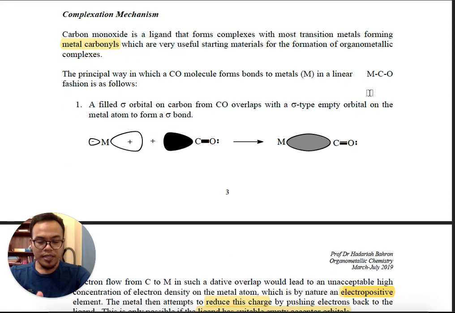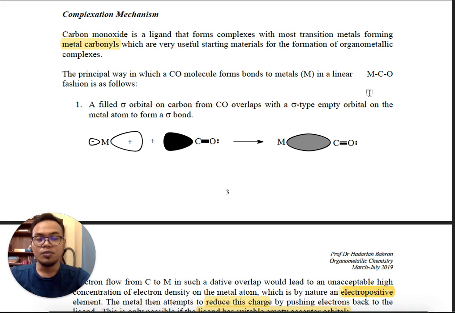Now we are going to learn how metal complexes are formed, specifically for carbonyl complexes. As I said, for a metal complex to be formed, you must have an organic compound which is called a ligand. A ligand must have donor atoms, only then can it donate electrons to your metal. In this case, your ligand is carbon monoxide, and your metals can be any metals.